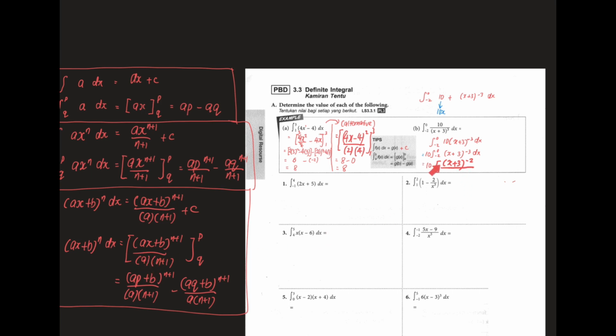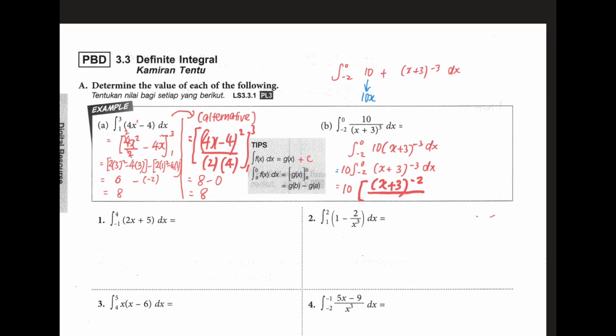The coefficient of x is 1. You see in front of x there is no number, so which means a is 1. So you have to divide by 1, and divide by n plus 1, which is minus 2. And then we put the upper and lower limits like this.